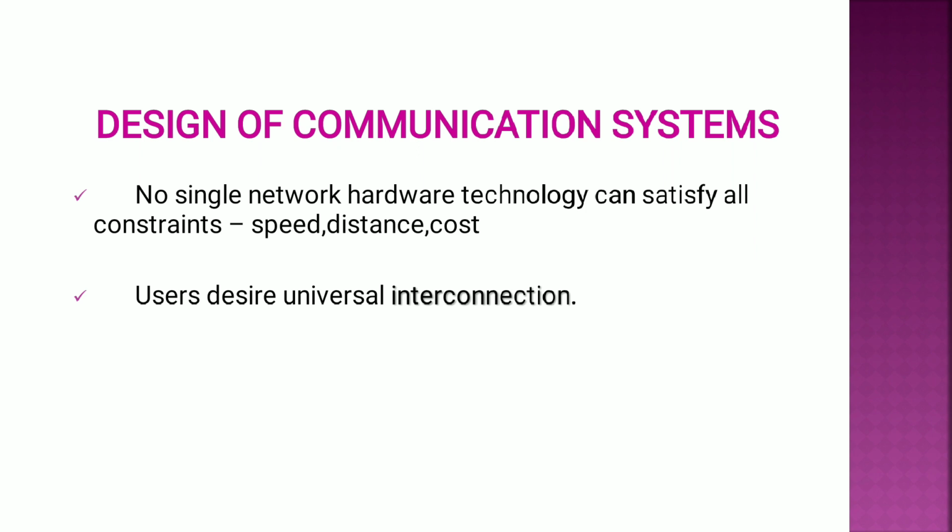So the next level of internetworking is the design of communication systems. There are two fundamental observations about the design of communication systems. No single network hardware technology can satisfy all the constraints, that means speed, distance and cost.